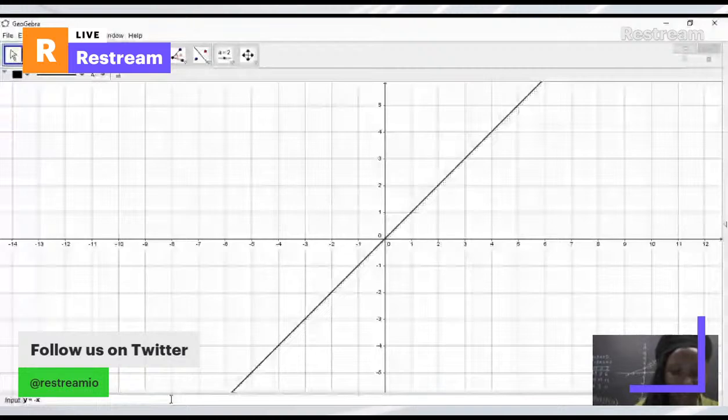You must know those two lines by heart. Look at them carefully, memorize them, dream of them tonight. The one oriented to the right is y equals x; the one oriented to the left is y equals negative x, where y is the negative of x, and vice versa.